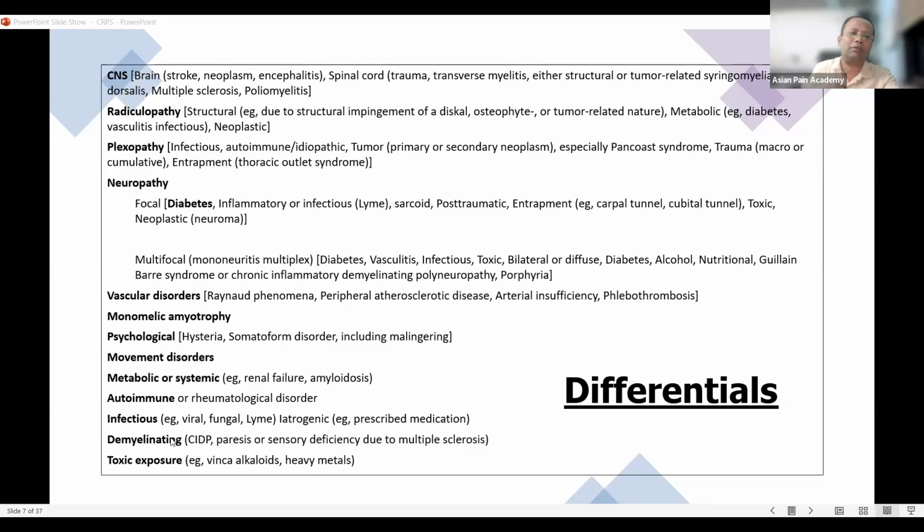Sometimes neuropathy, say diabetic neuropathy or peripheral small fiber neuropathy, can confuse you. But if one side is affected and there is a precipitating factor and gradual increase, then you know that this is a neuropathic pain, and this is CRPS and not due to diabetes.